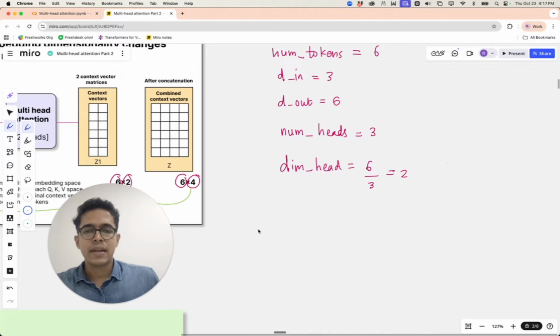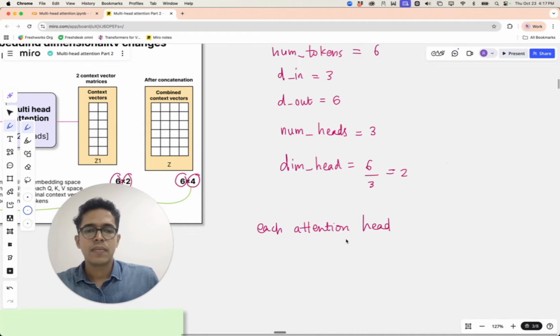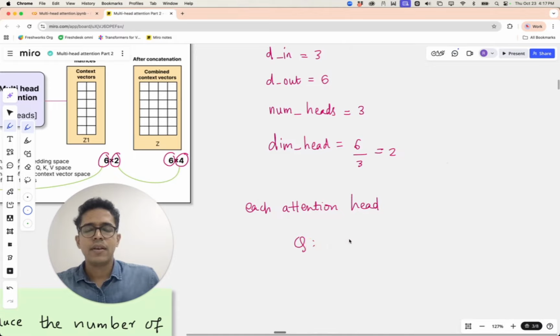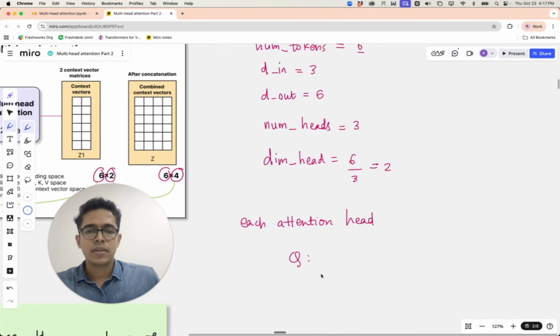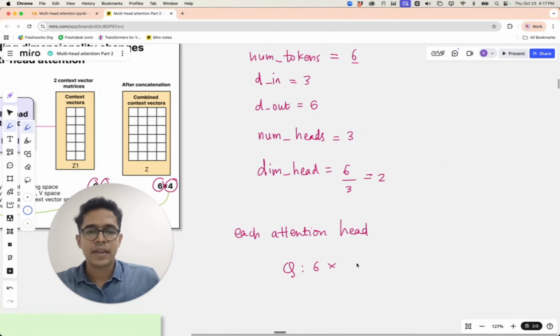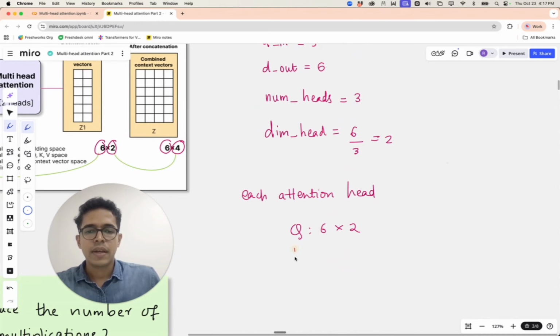Inside each attention head, your query matrix will be number of tokens, 6, multiplied by dimensionality inside each head, which is 2. The key matrix will be 6 by 2.